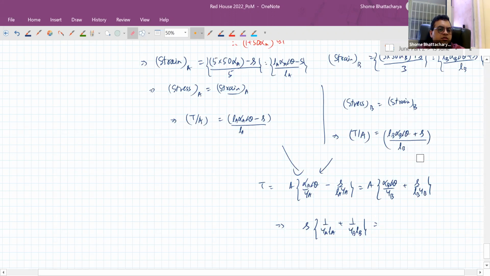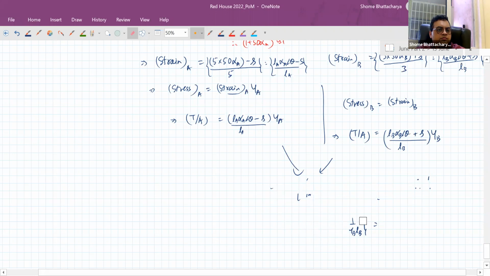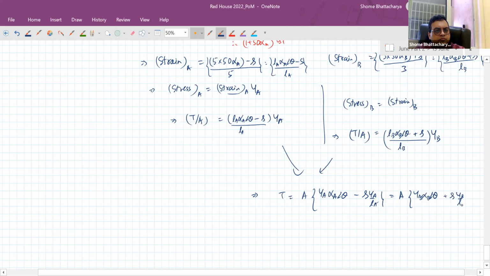Strain is stress upon Young's modulus. Stress is strain into Young's modulus. So area also cancels out and we get this relation.